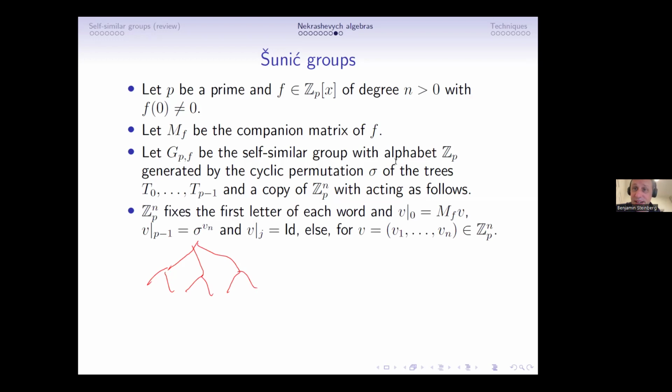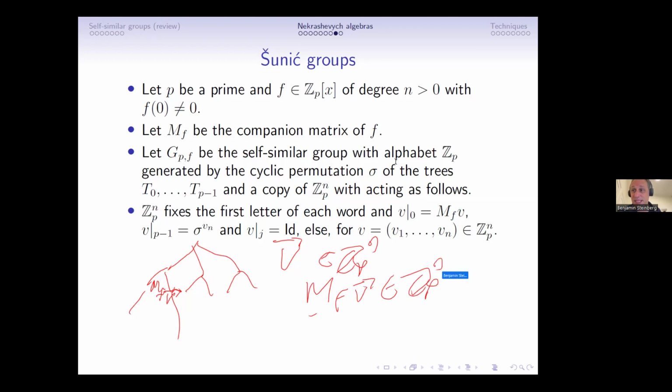Here I have some vector v in Z mod P to the n. I'm going to take my companion matrix, apply it to v, and that's how it's going to act on this tree. This gives me a new element of Z mod P to the n, and that's my section.